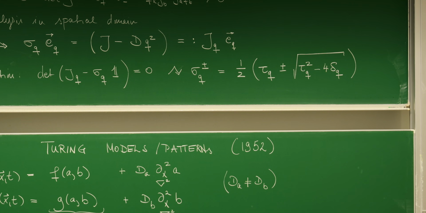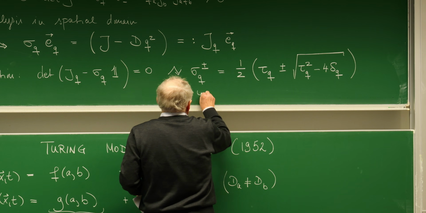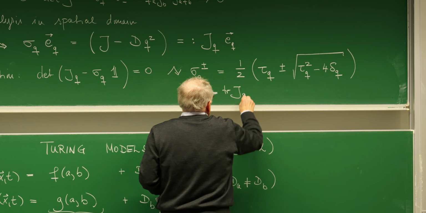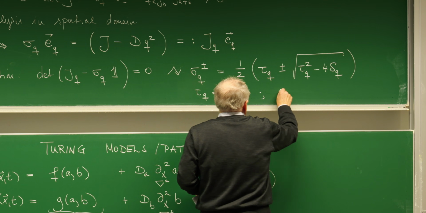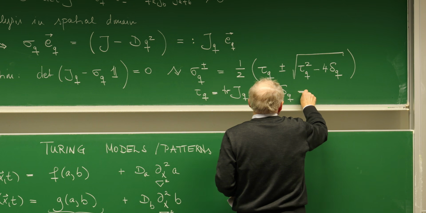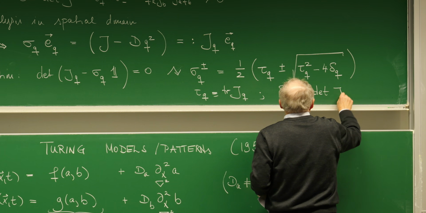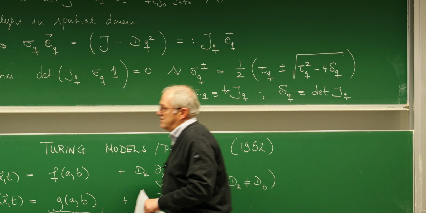And as usual, we have tau being the trace of this modified Jacobian and delta q being the determinant of this modified Jacobian.